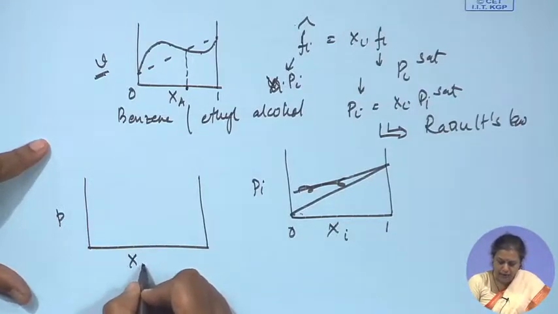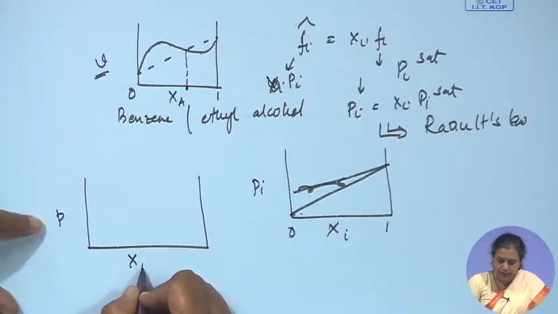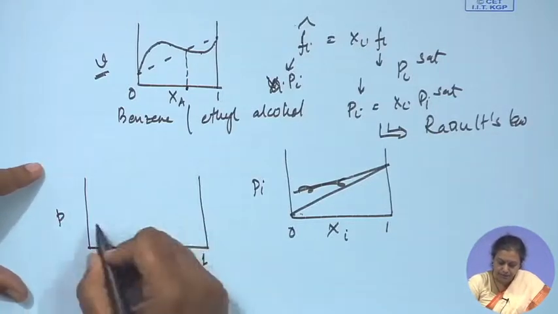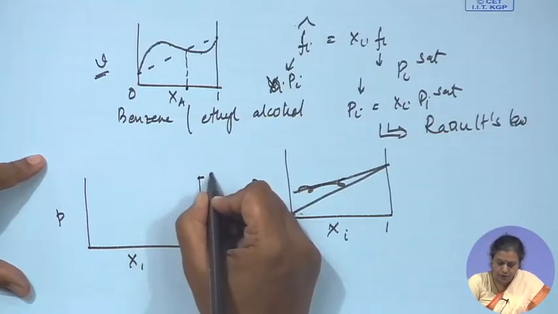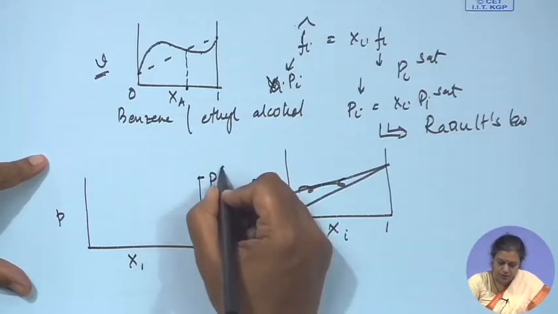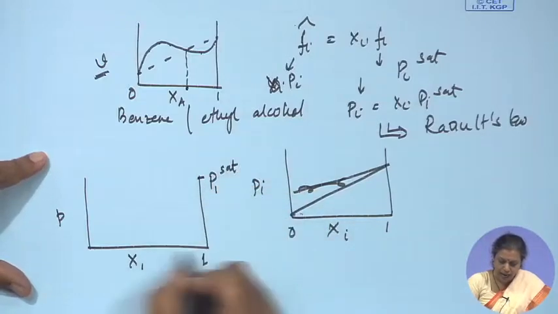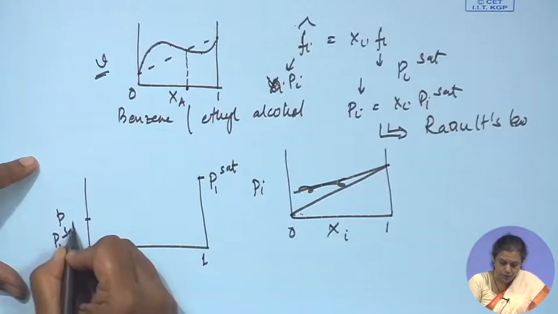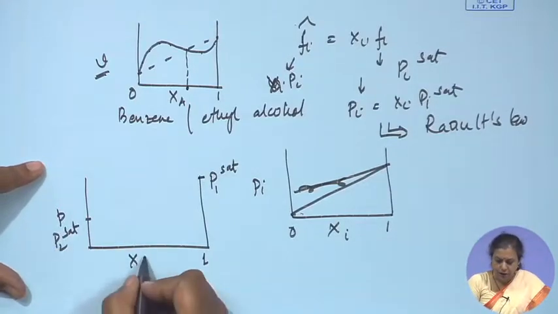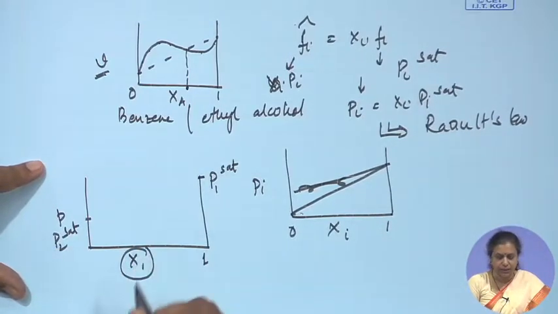So, for x 1 what do we have? When x 1 equals 1, then the partial pressure is equal to P 1 saturated, and when x 1 equals 0, this is going to be P 2 saturated, right.